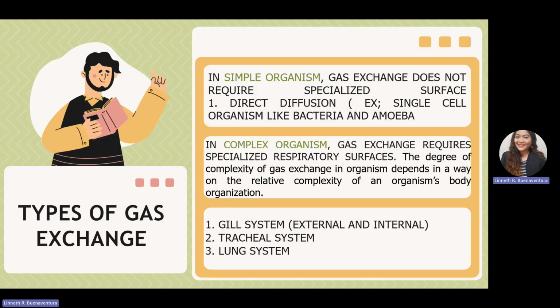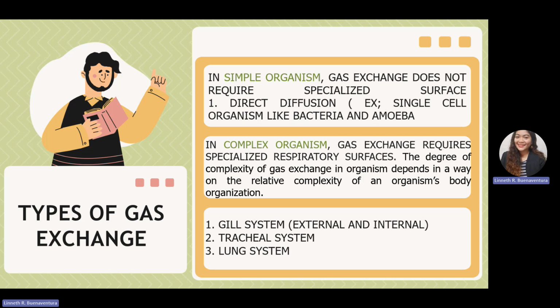We have types of gas exchange in simple organisms and complex organisms. Under simple organisms, the gas exchange doesn't require specialized surfaces or many organelles to perform the oxygen and carbon dioxide exchange.